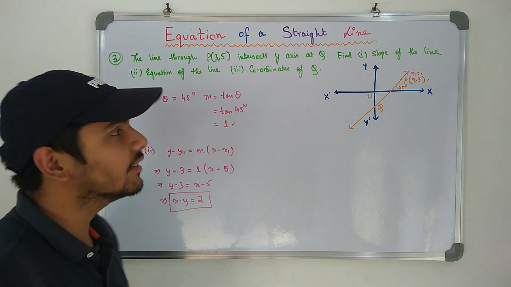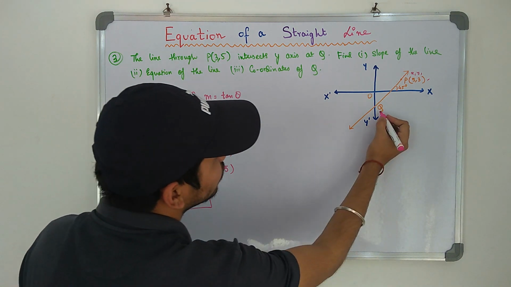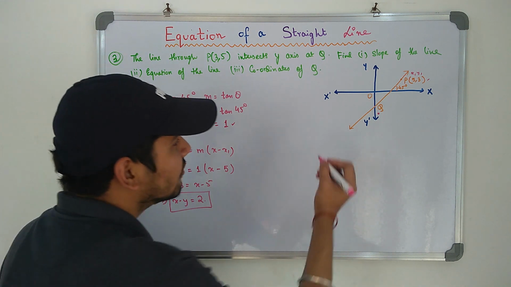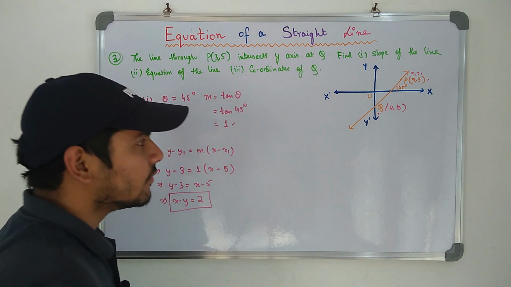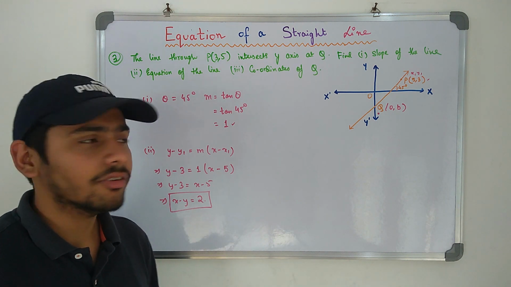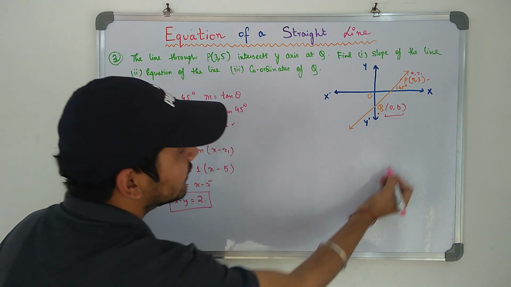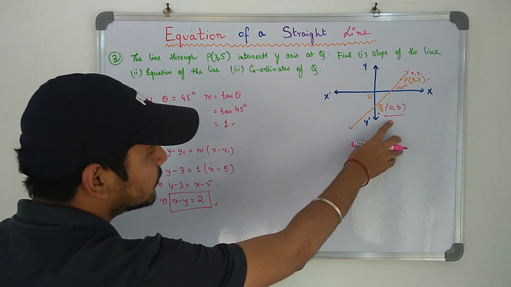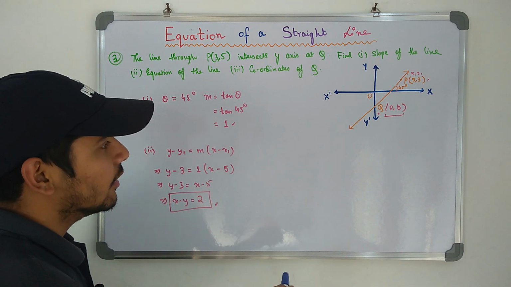Now we have to find the coordinates of Q. We can see that Q lies on the y-axis. That means its coordinates will be of this fashion, (0, b). Now we know that if a point lies on the line, then this particular point will satisfy the equation of the line. We'll just put these points in this equation and we'll get the value of b.